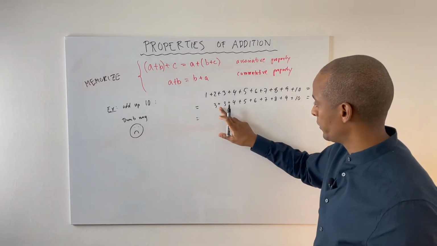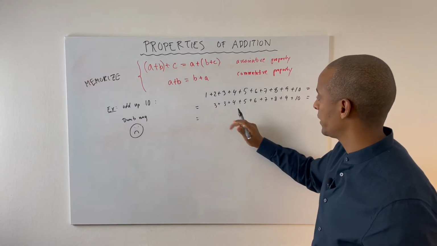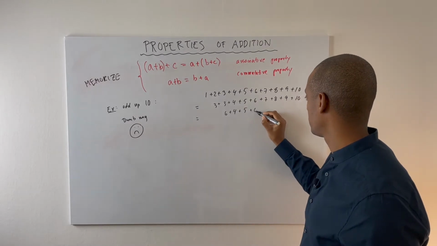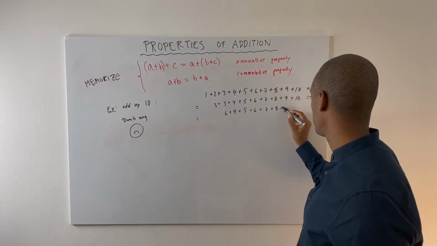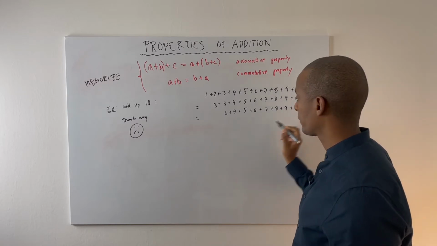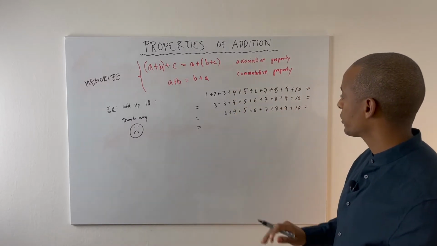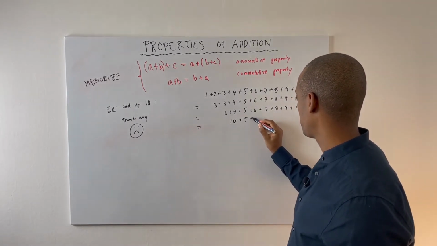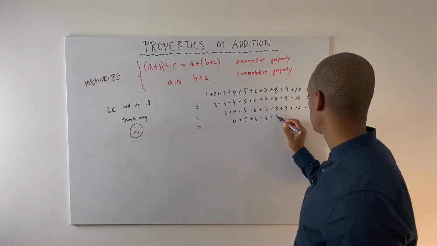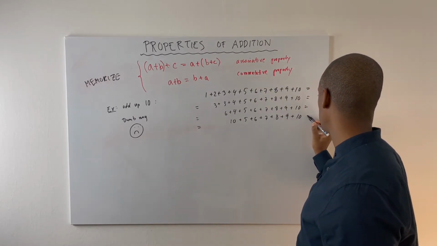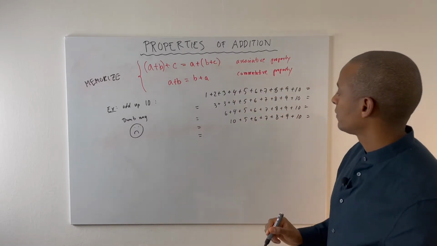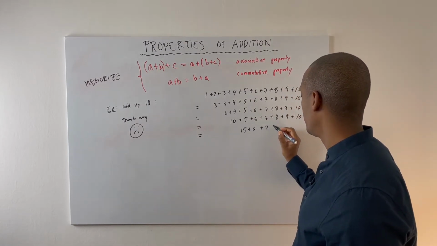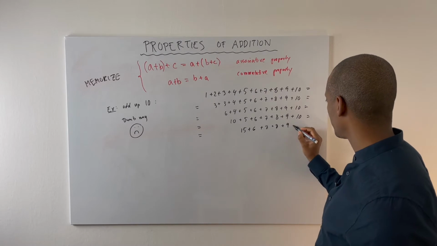Next, we're going to deal with this addition sign here. So 3 plus 3, that's equal to 6, right? Next we have 6 plus 4, that's equal to 10. Next we have 10 plus 5, that's 15. Guys, you can see this is getting quite exhausting, right?